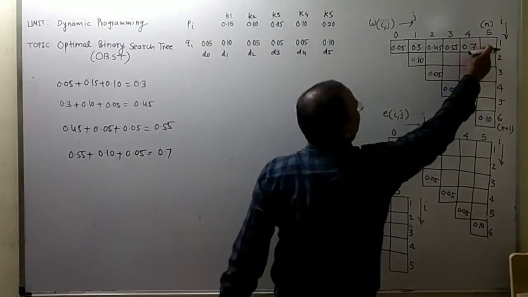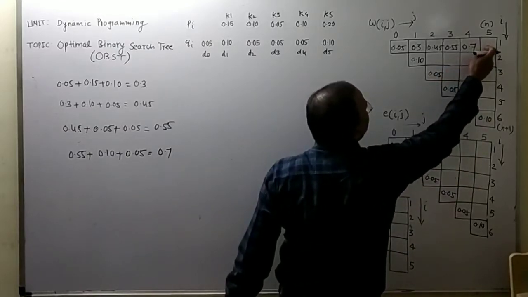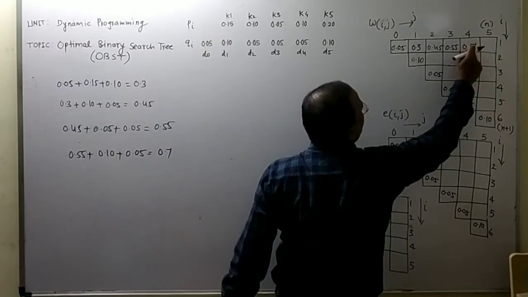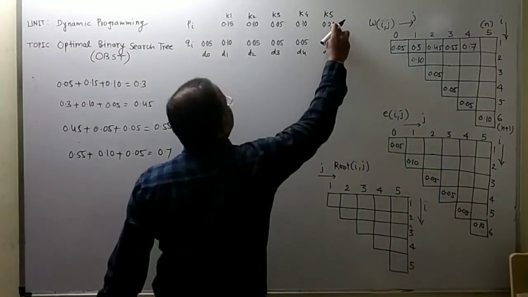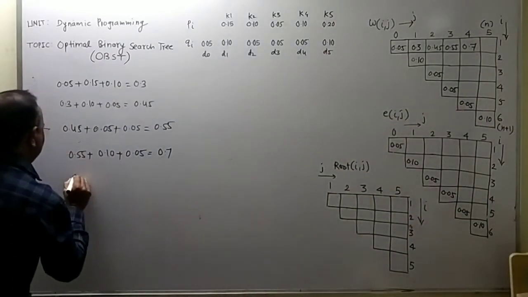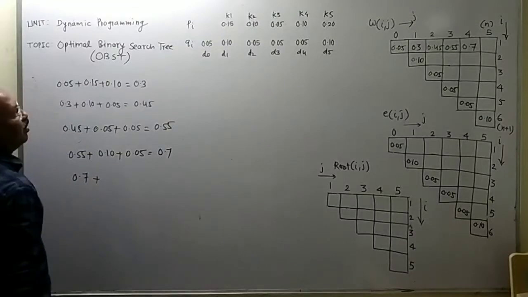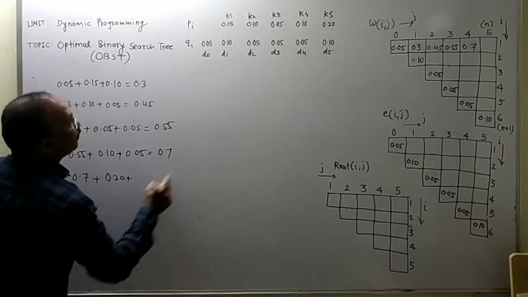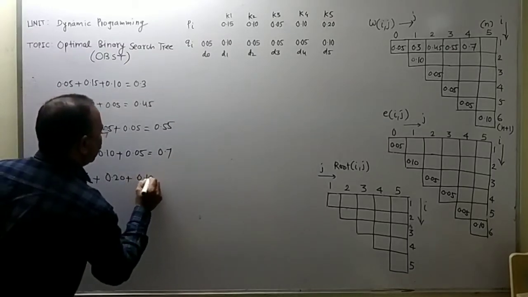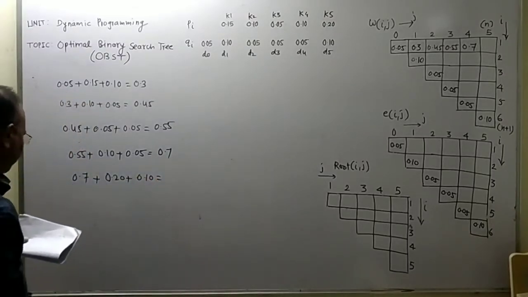Then the value for this cell is the sum of the previous value 0.7 and the probability of K5 and D5, that is 0.7 plus 0.20 plus 0.10, which is equal to 1.